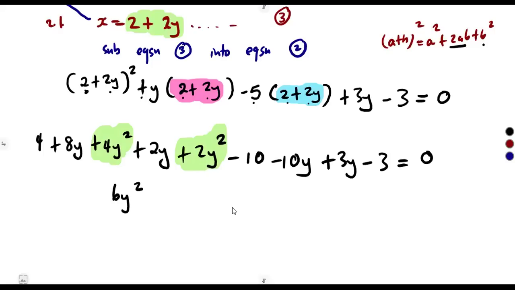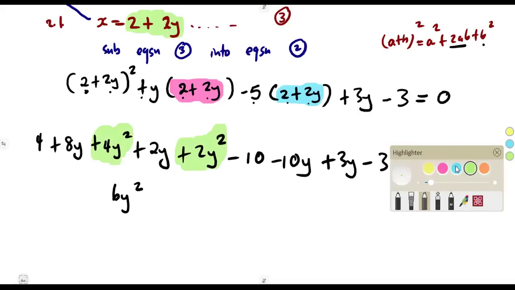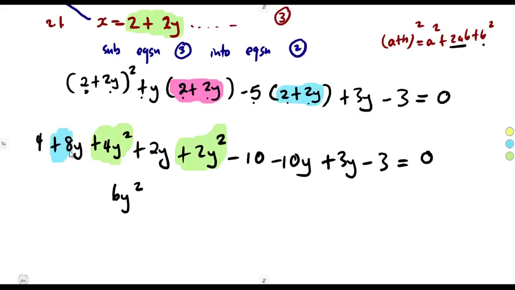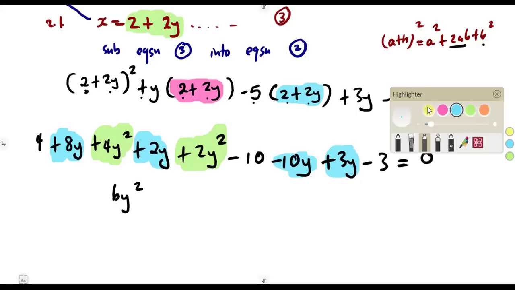You just have to consider our like terms. This is 8y here, 8 plus 2, which is 10, minus 10. This cancels, so you're going to remain with this 3y. Remember, I said 8 plus 2, that's 10, minus 10, that's a 0. So you're going to remain with 3y.